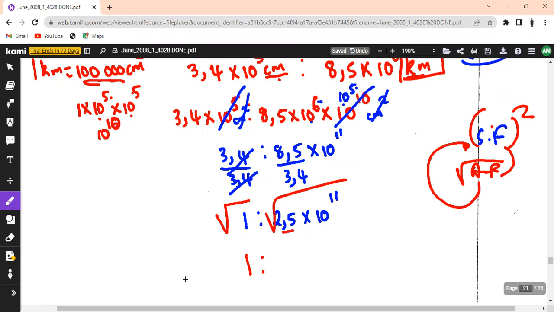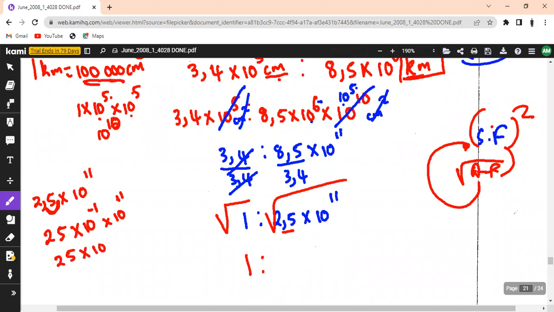We just have to convert this into a number that you can find its square root. 2,5 times 10 to the power of 11 is the same as, if we move 1 comma here, 25 times 10 to the power of minus 1, times 10 to the power of 11. So if we add minus 1 plus 11, that's 10. So it's going to be 25 times 10 to the power of 10.